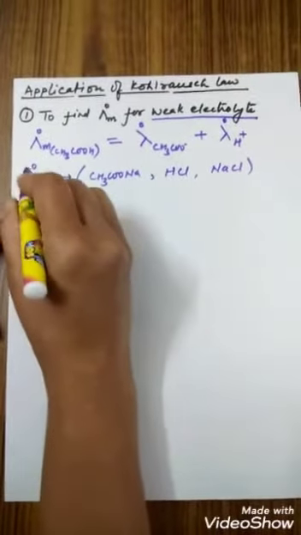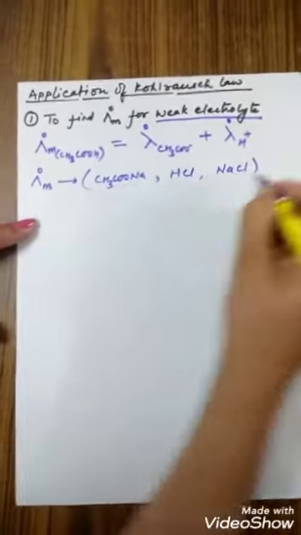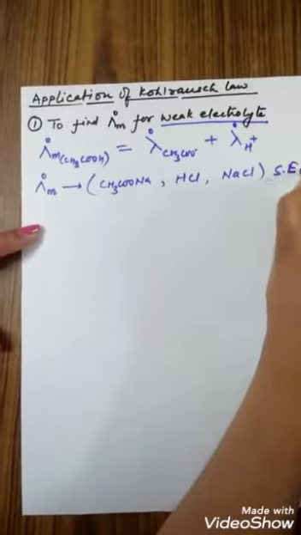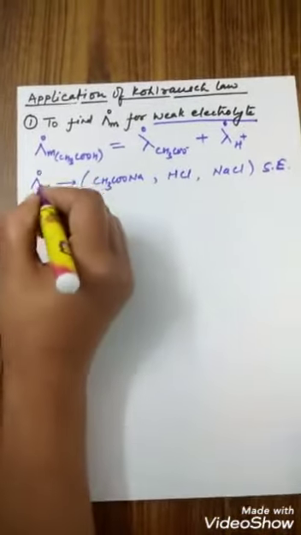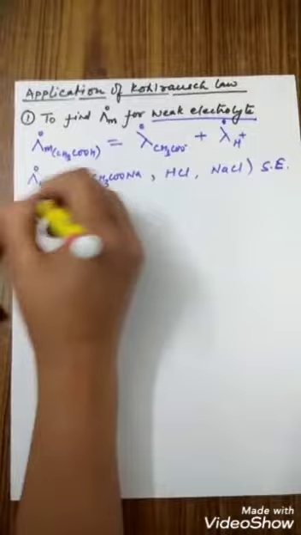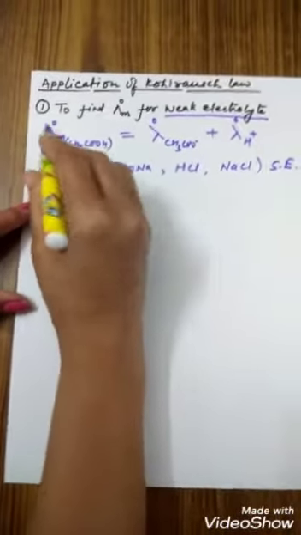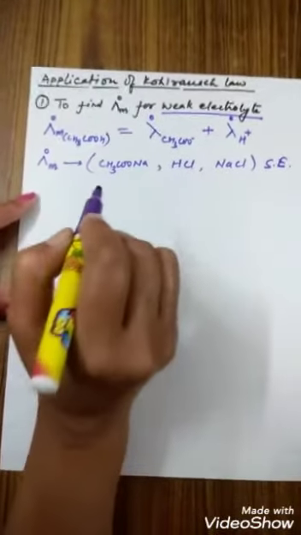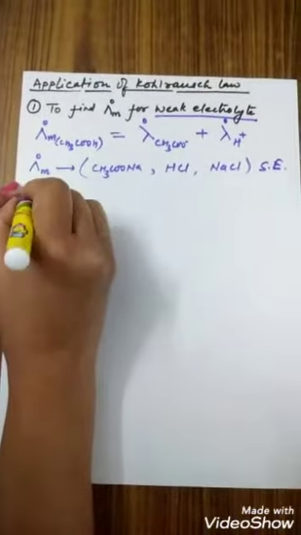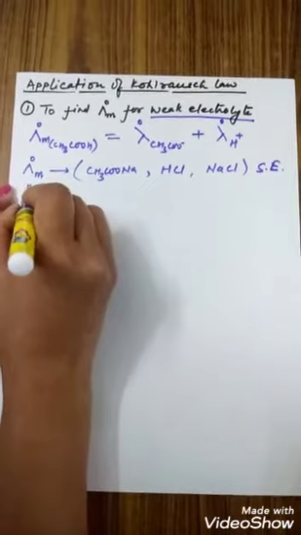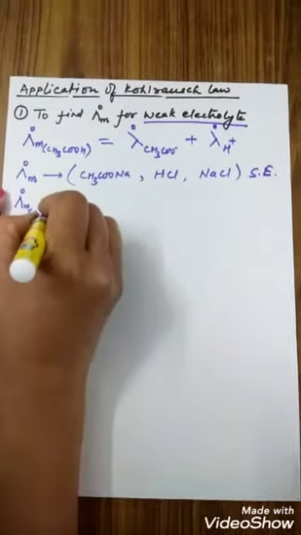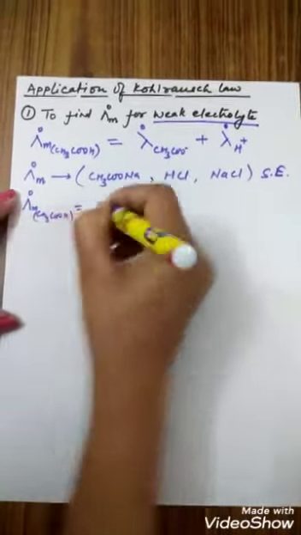With the help of the lambda m naught values of these three strong electrolytes, which we can get from the graphical method, we can find lambda m naught of acetic acid. So how can we write it? We can write lambda m naught of acetic acid would be equal to what?